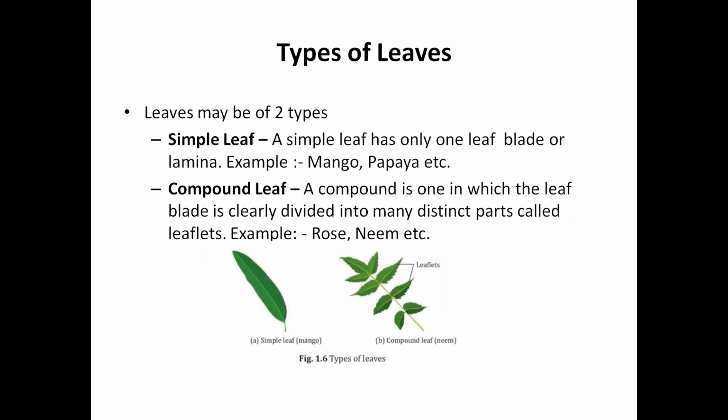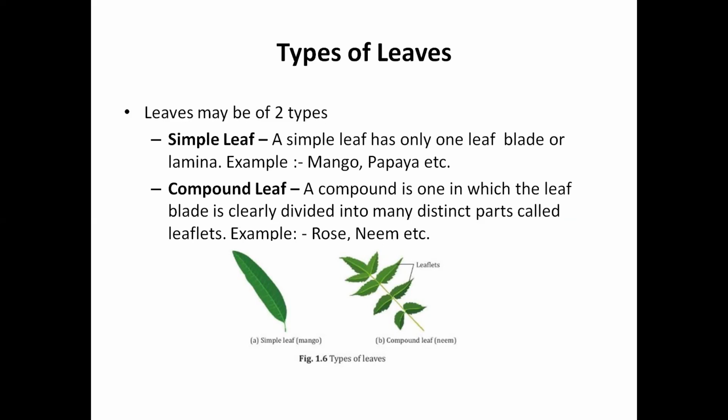Now next is types of leaves. Leaves may be of two types, simple leaf and compound leaf. A simple leaf has only one leaf blade or lamina. You can see in the diagram, figure 1.6, a simple leaf like the mango leaf is there. The papaya plant also contains a simple leaf.